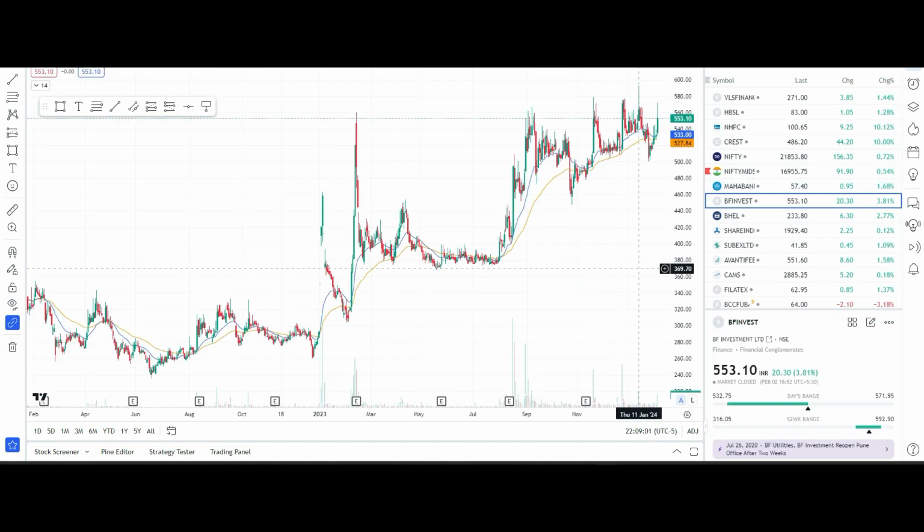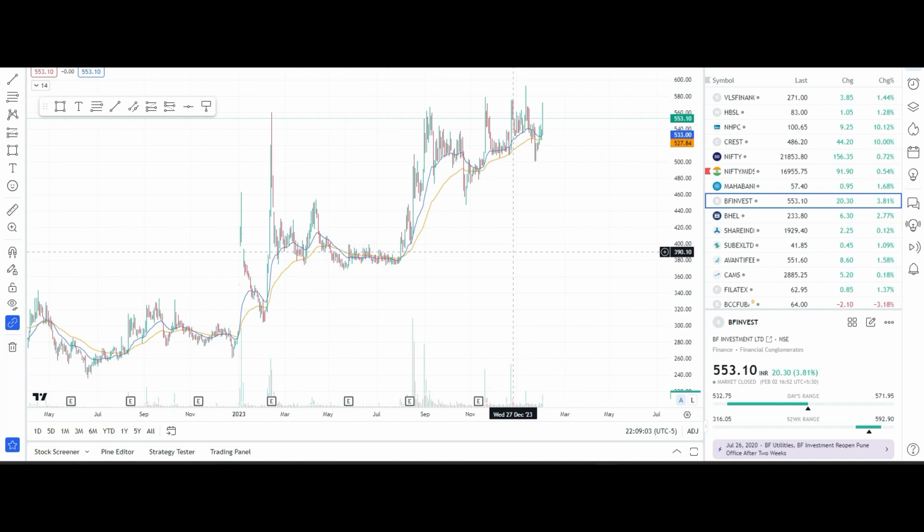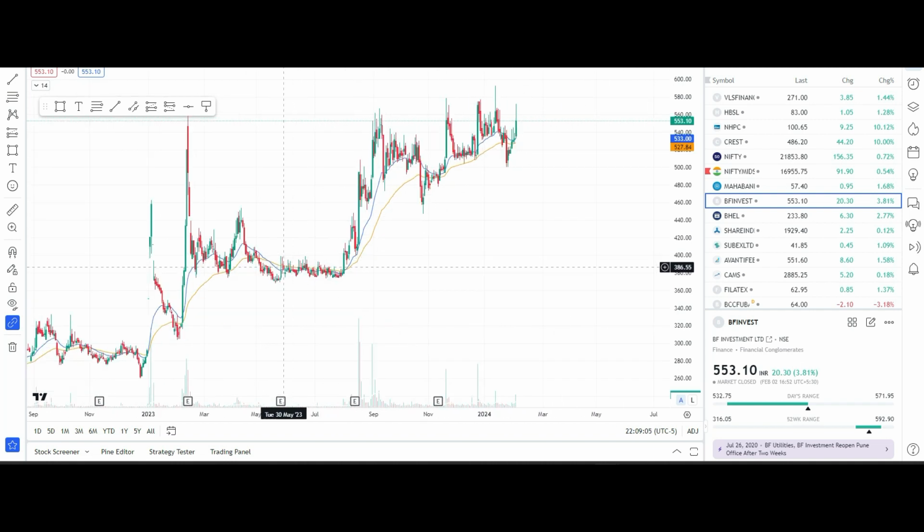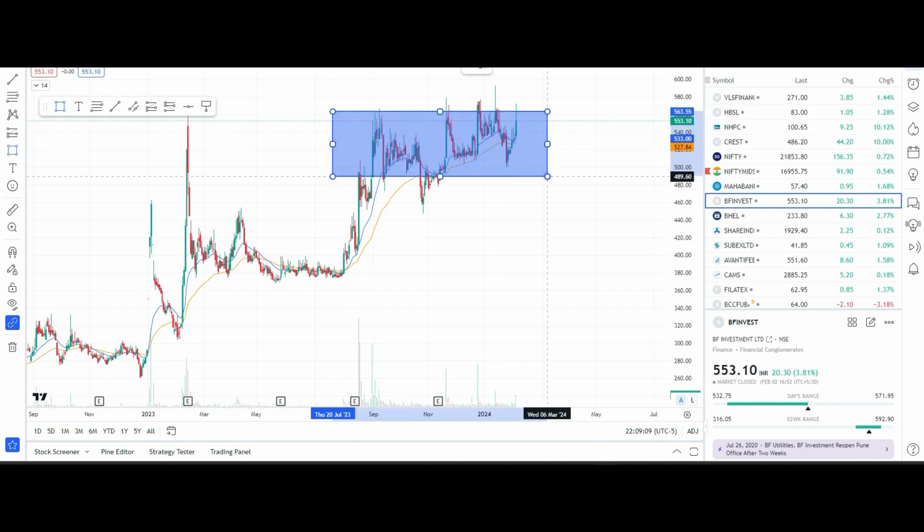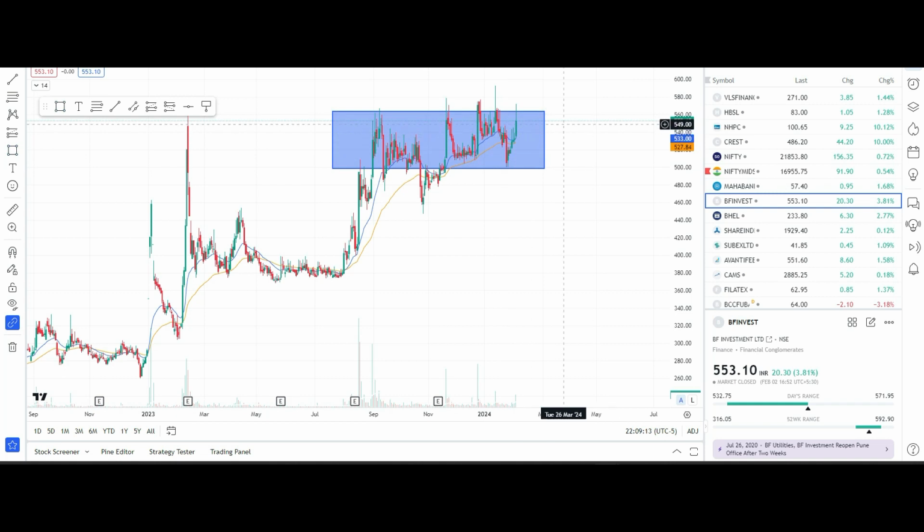So when there is an accumulation phase, this is how it happens actually. So this is one accumulation. Now we are seeing another phase of accumulation. Now this can also be called distribution. Why is it not distribution? Because it has tested the resistance 4-5 times and it has never fallen below the previous lows.